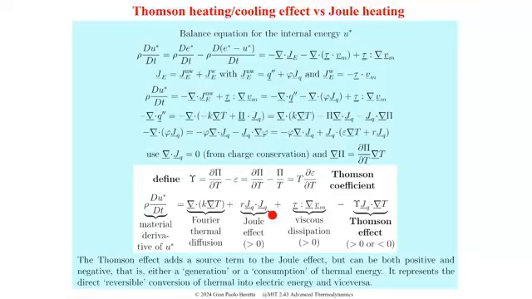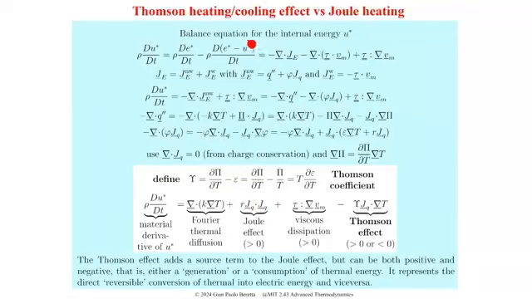Then you have this term here. This term is the Joule effect. This is like a source term. In heat transfer, you would put it as a Q triple prime. So it's a source term of thermal energy. It's electrical energy that gets dissipated into thermal energy via the Joule effect.